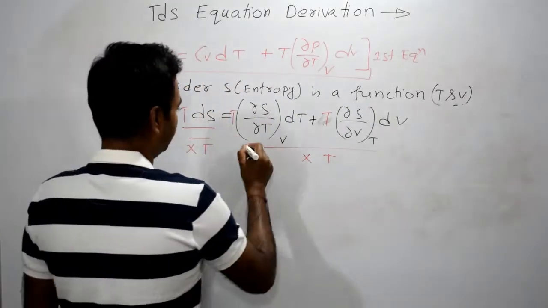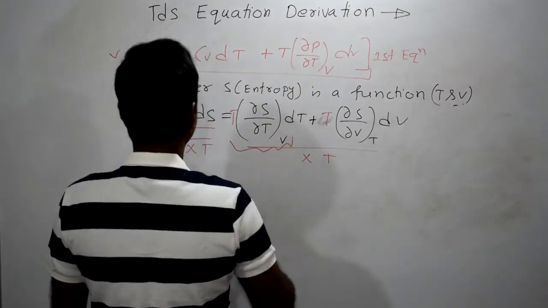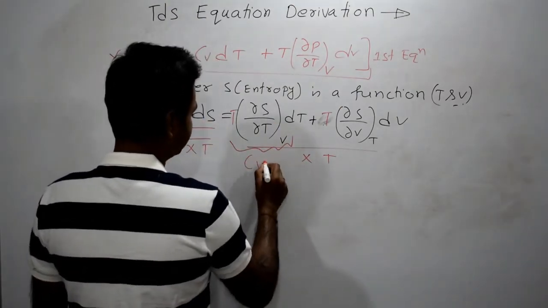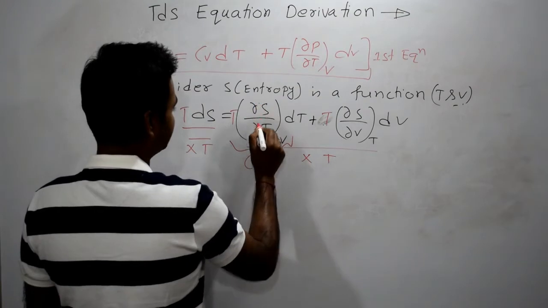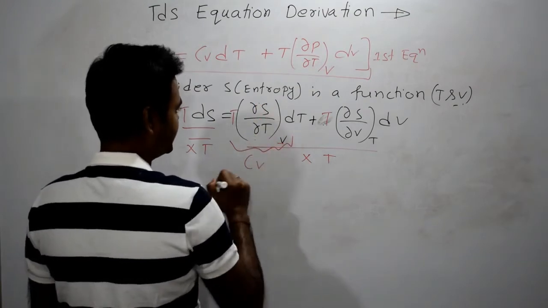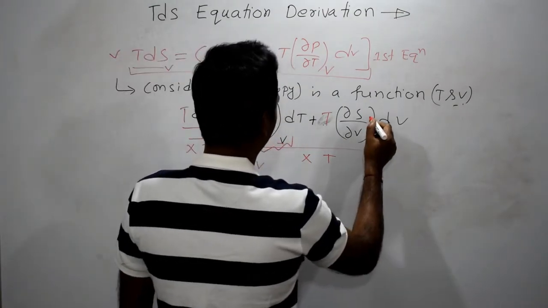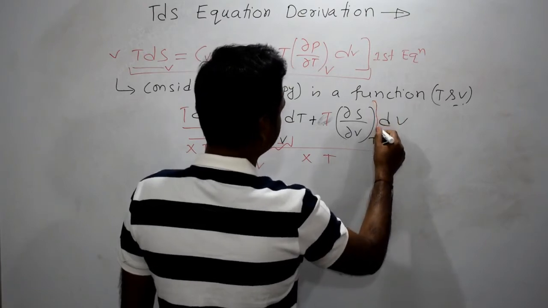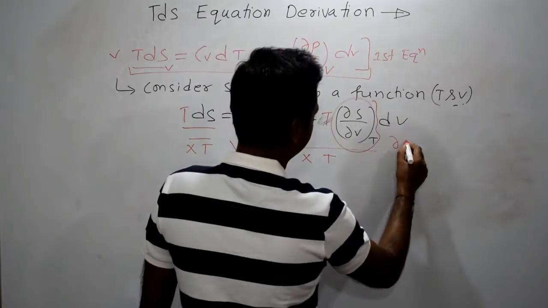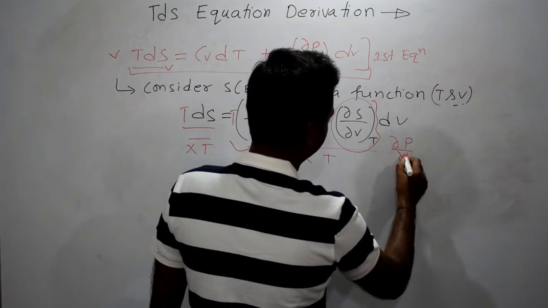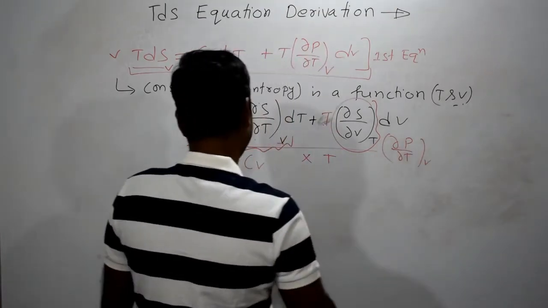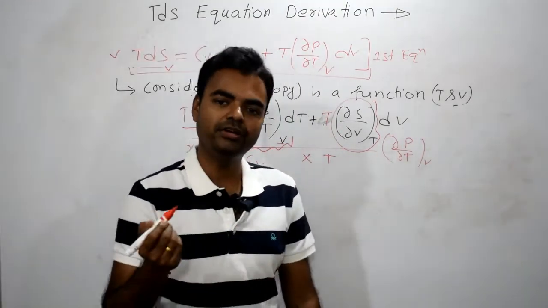Now the whole term T(∂S/∂T) at constant volume is Cv, and this whole term is (∂P/∂T) at constant V. Maybe you are thinking how we got this.